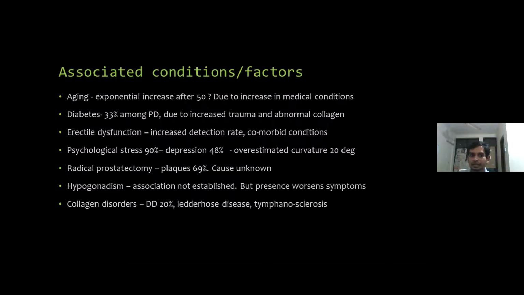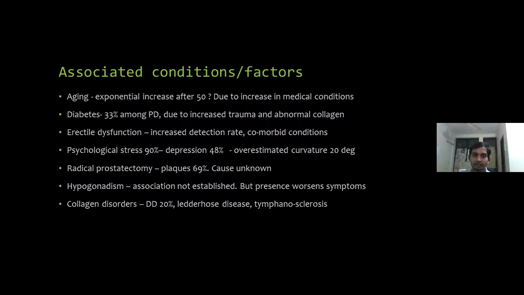The other association is that patients who have undergone radical prostatectomy have a higher detected rate of Peyronie's disease, mainly if they underwent radical prostatectomy at a younger age. And the other thing is hypogonadism.